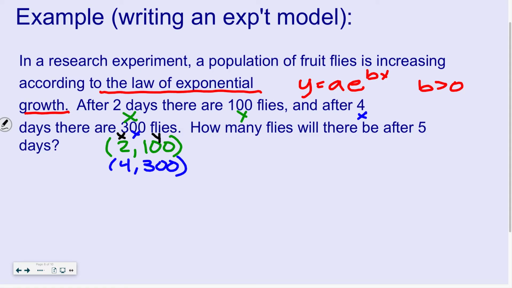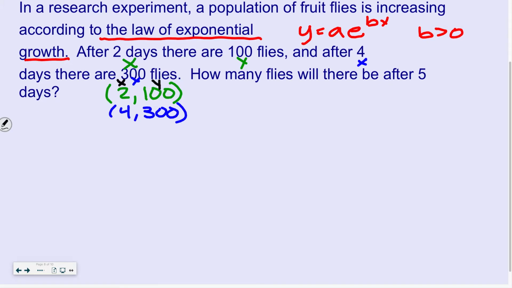If I know X and Y and what model I'm using, what could I do? Plug them in. Okay, so let's do that. If I plug in my first one, I'll get 100 equals A E to the B times 2, so I'm going to write that as 2B.